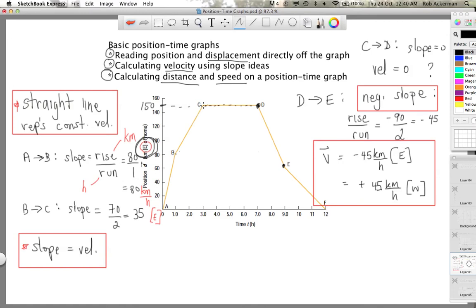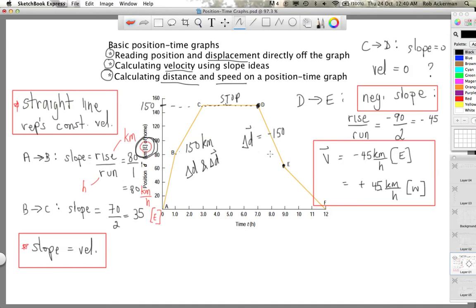You go another 70 kilometers. You've gone 150 kilometers in both distance and displacement as you move away from home. However, here you stopped, and then on the way back, you return over that same distance. So now your delta D is negative 150.